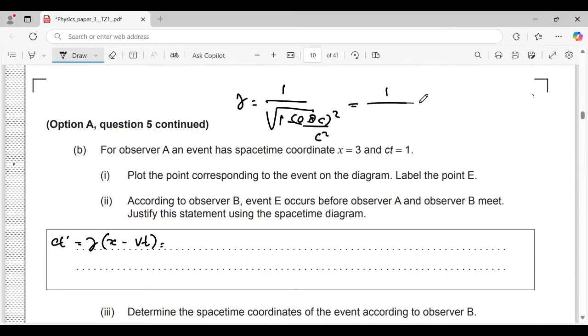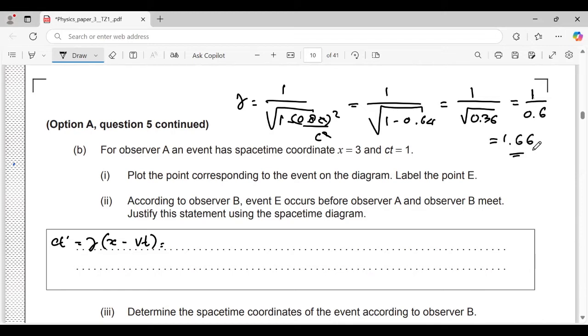And it is 1 over square root of 1 minus 0.64, 1 over square root of 0.36, 1 over 0.6, and that is 1.66. This one is gamma.